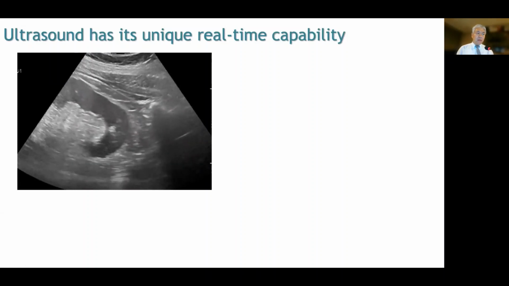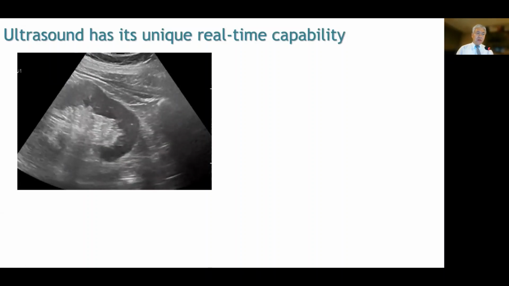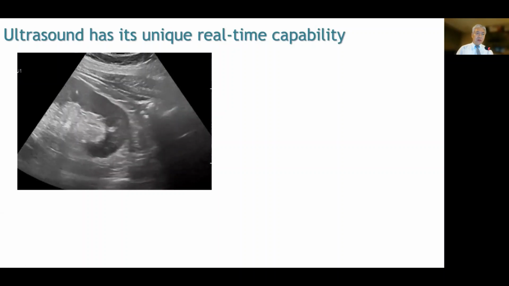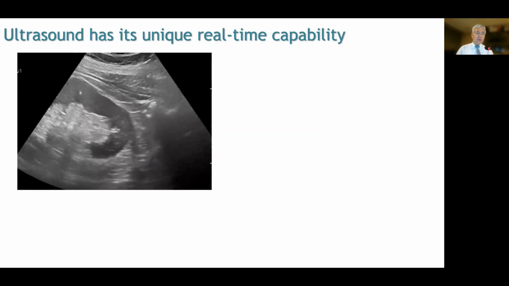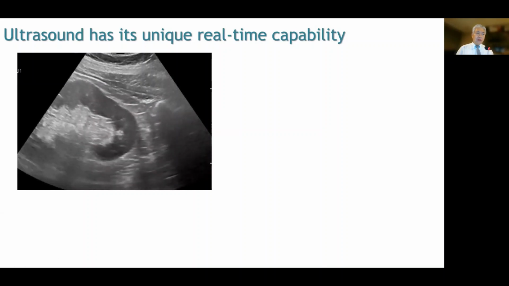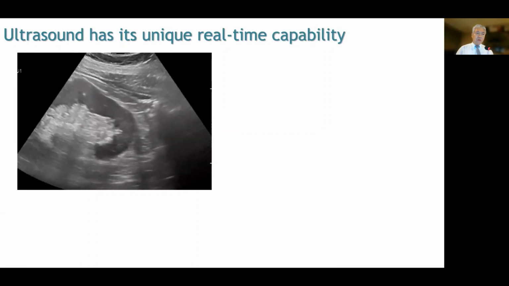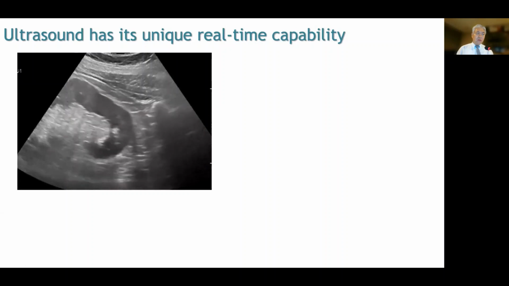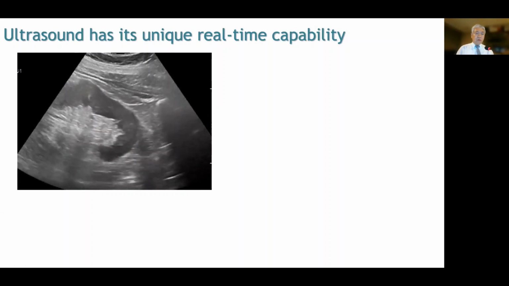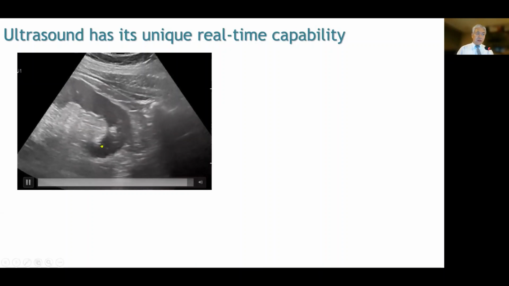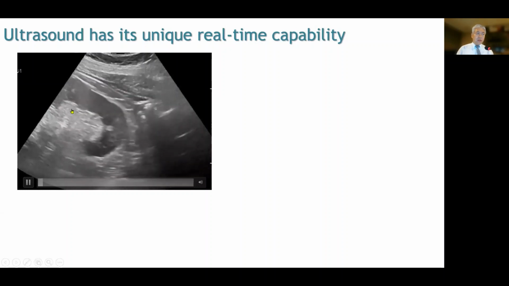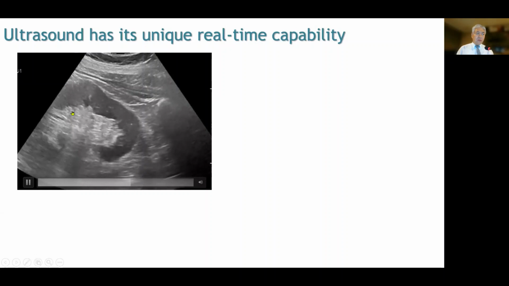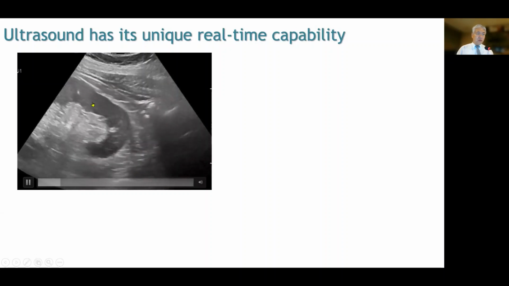The last thing I want to mention is that the ultrasound has its unique real-time capability, and we may use this in evaluating a large renal cell carcinoma for accurate preoperative staging. When you see a kidney moving with respiration, you may notice the sliding of the kidney with surrounding structures.